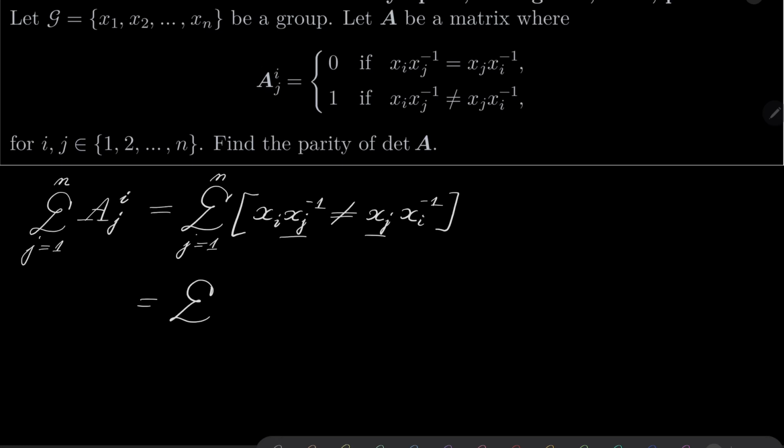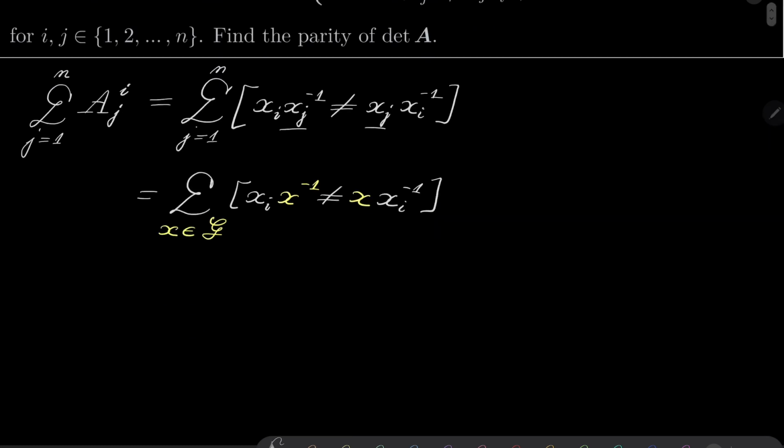Okay, let's write it in yellow. So xi times x inverse different than x times xi inverse. Alright. Now I will do a clever change of variable.